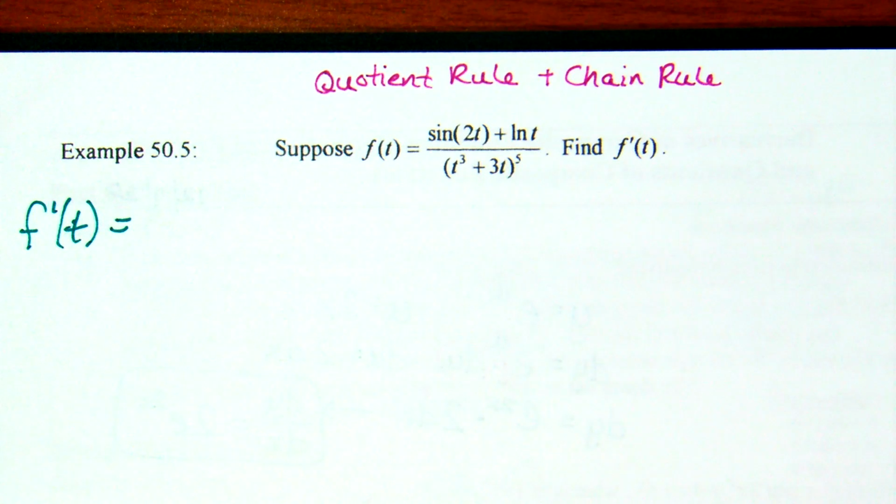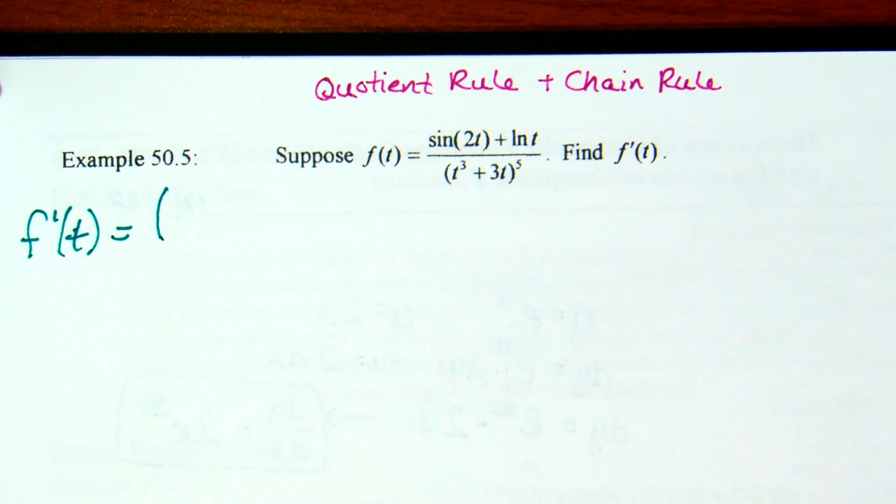So, derivative of the top. Here we go. Derivative of sine of 2t. The derivative of sine of something is cosine of something times the derivative of that something. So what's derivative of 2t? 2.